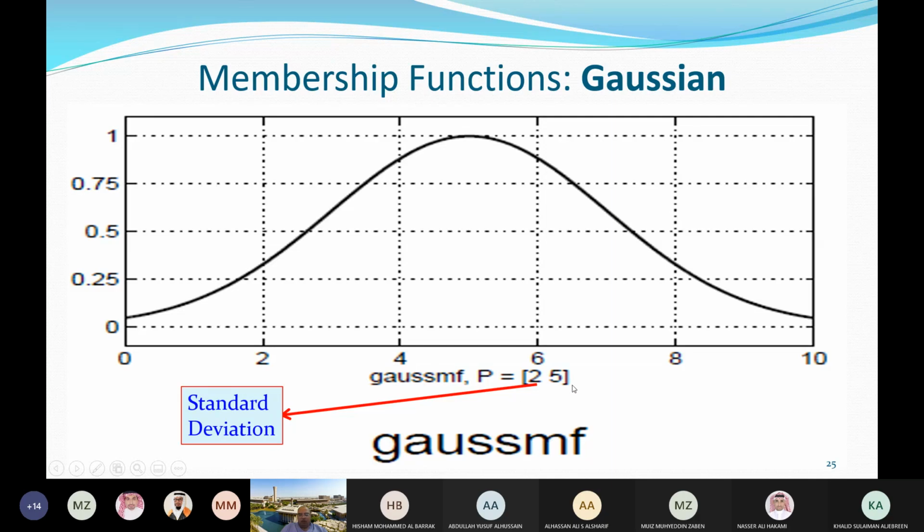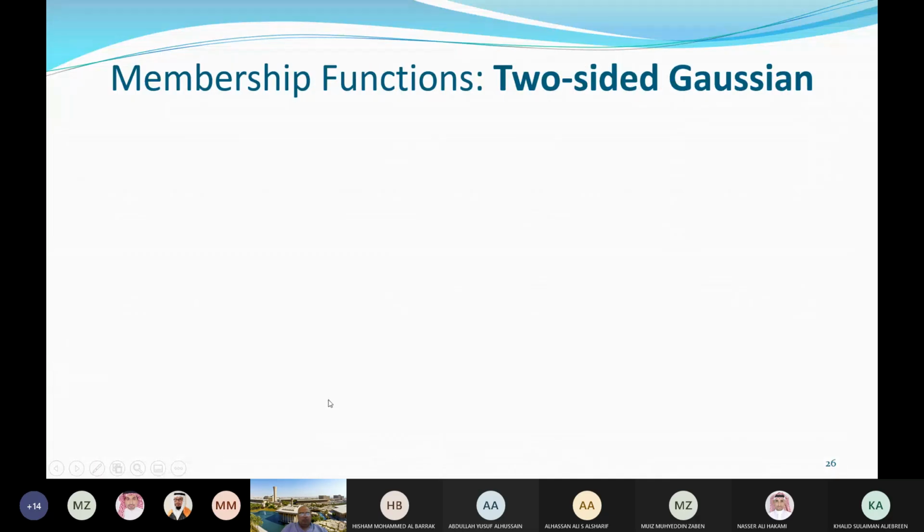The standard deviation is 2, and the mean is 5. So when you select this membership function, you can characterize it by the standard deviation and the mean value. This is also in MATLAB.